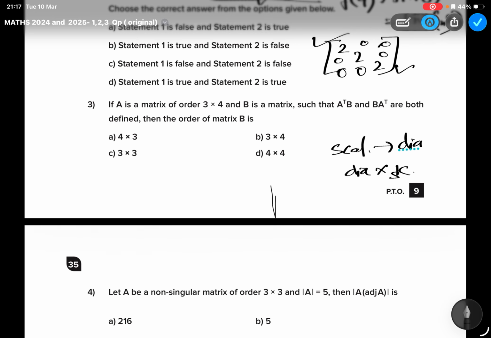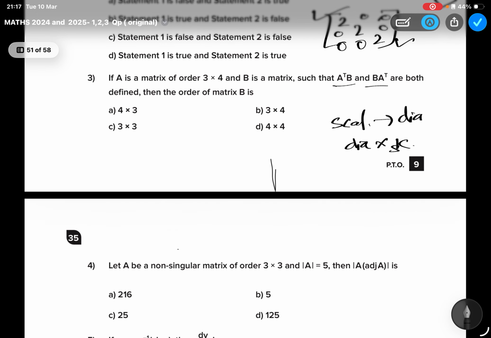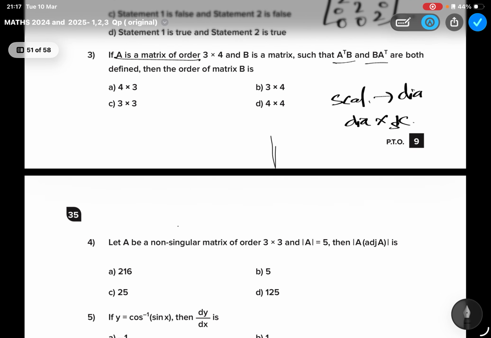If A is a matrix of order 3 cross 4 and B is a matrix such that A transpose B and B A transpose are both defined, then the order of the B matrix, don't worry, A is 3 by 4. Next, B is a matrix such that A transpose B is defined. A transpose means what?